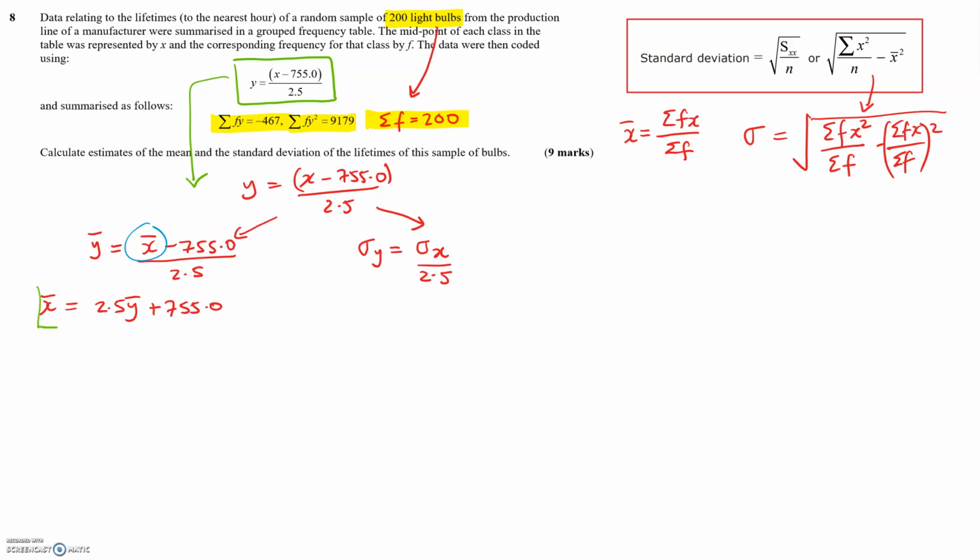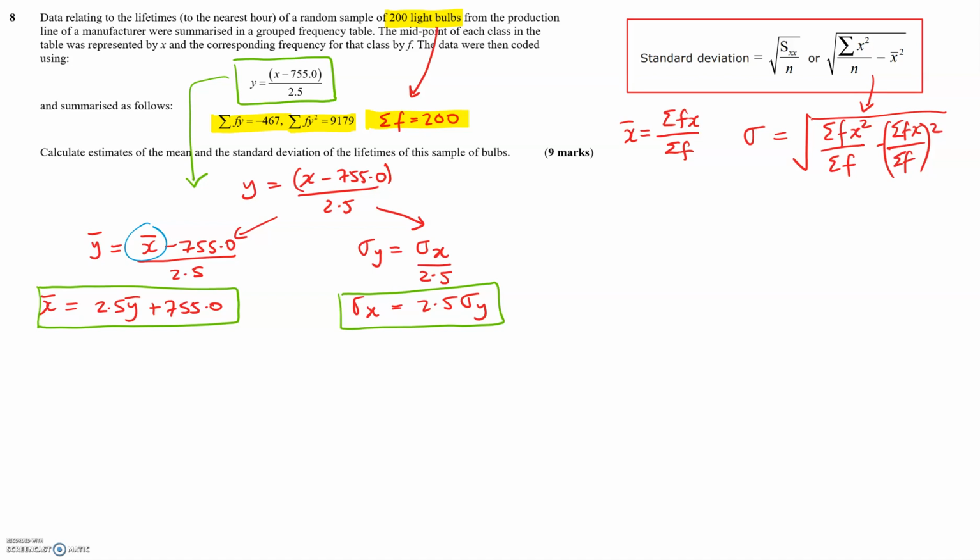So that's going to be my code to find the mean of X. Likewise, I can find the standard deviation of X by doing 2.5 times the standard deviation of Y. So I've just rearranged these to get a coding formula for mean and standard deviation. Now I want to find the mean and the standard deviation of X, so I first need to find the mean and standard deviation of Y.